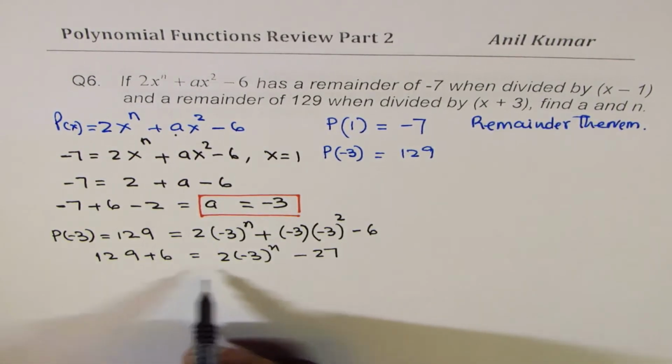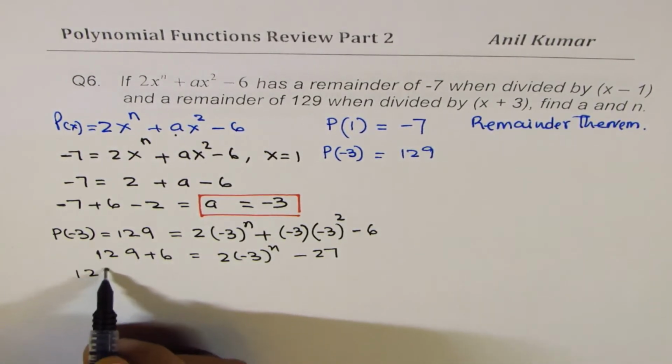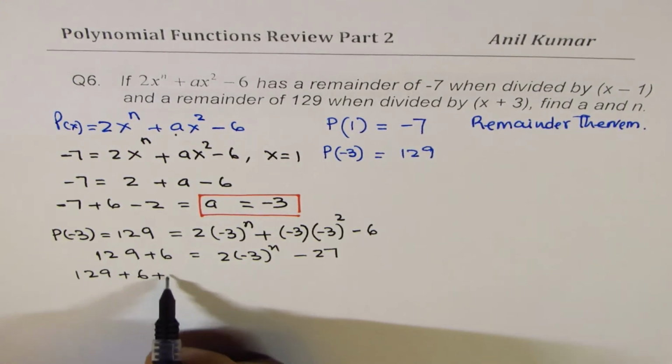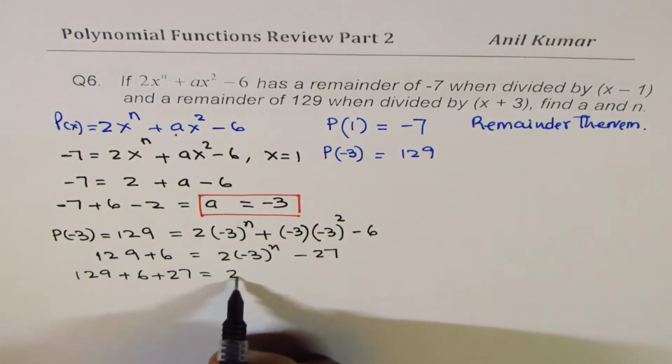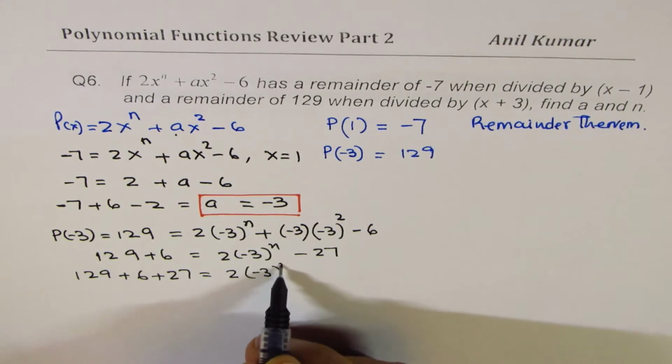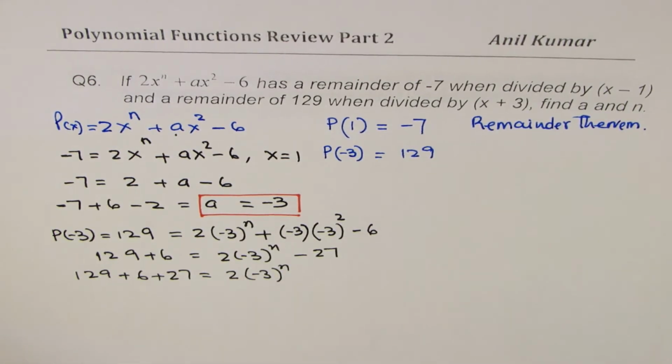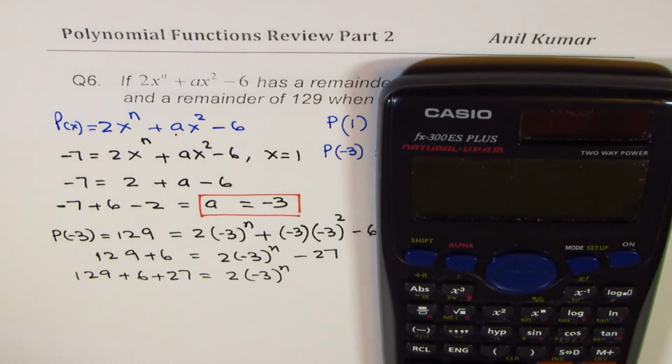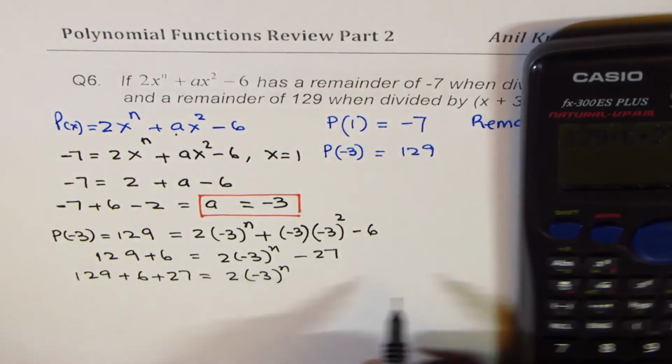So let's rearrange. So we have 129 plus 6 plus 27 equals to 2 times minus 3 to the power of n. So let's calculate. 129 plus 6 plus 27 is indeed equals to 162.